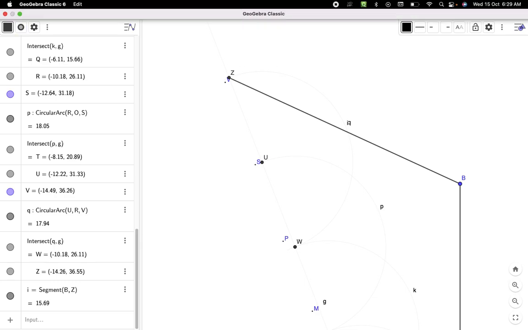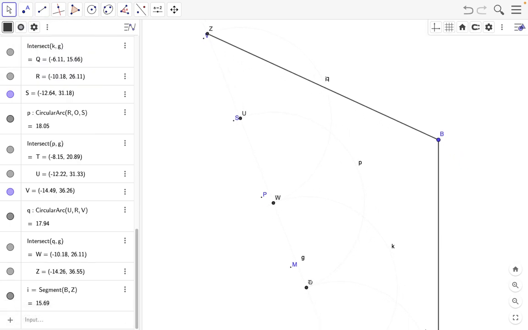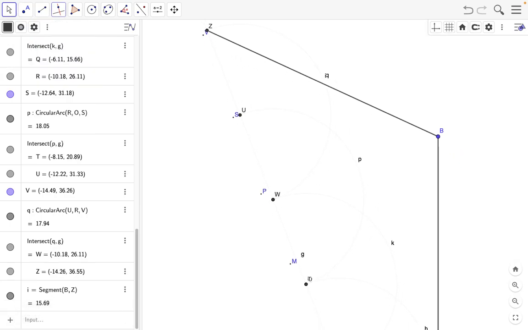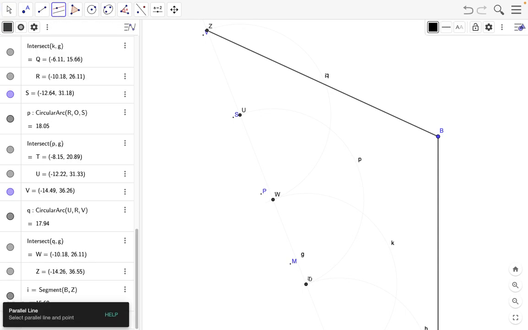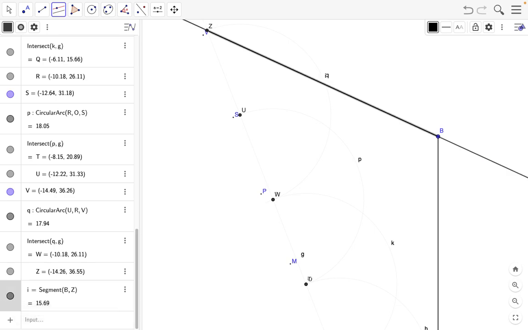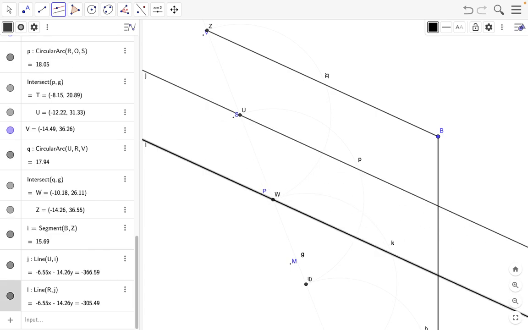Now we will select from this, you see that here parallel lines. For that I have to select the line first and then the point, then again the line and the point, again the line and the point.